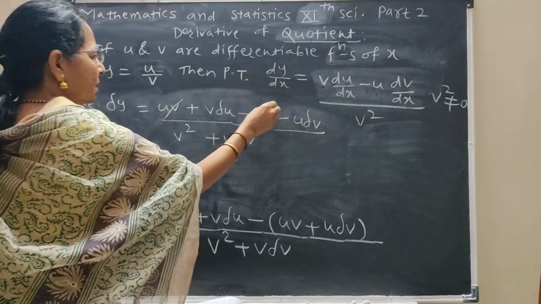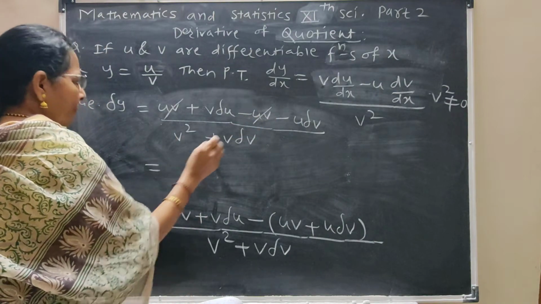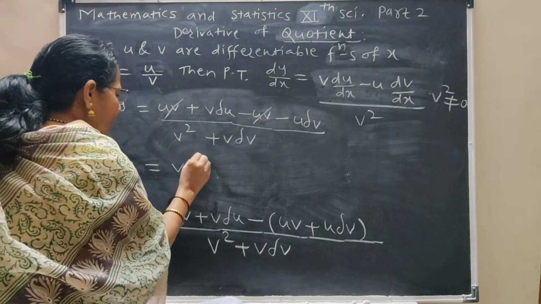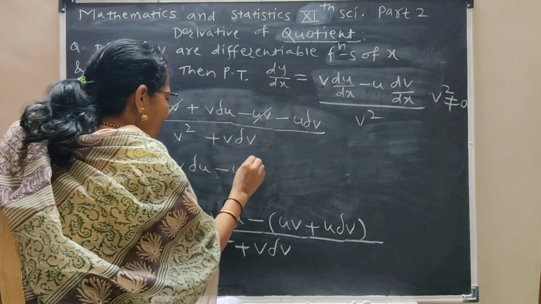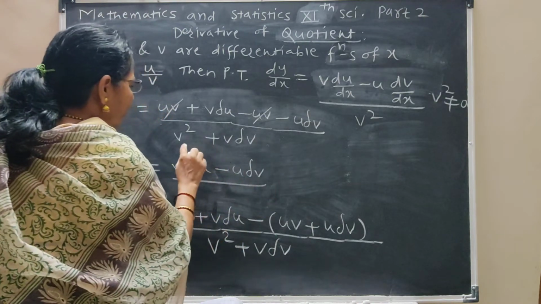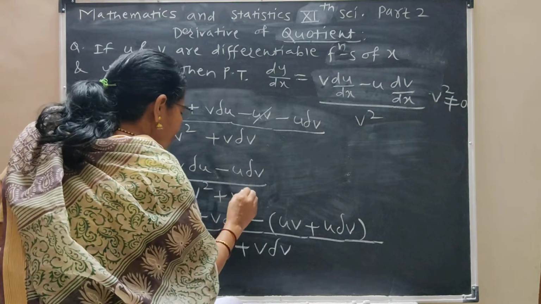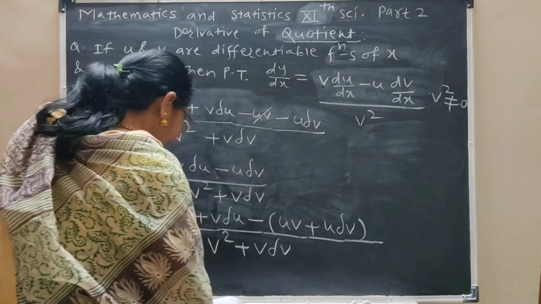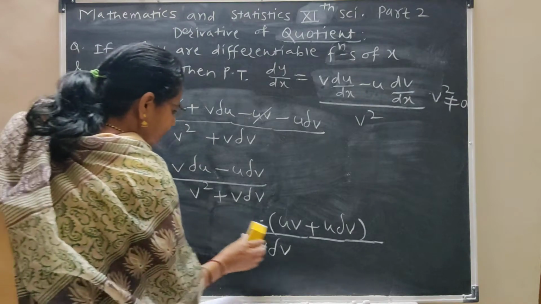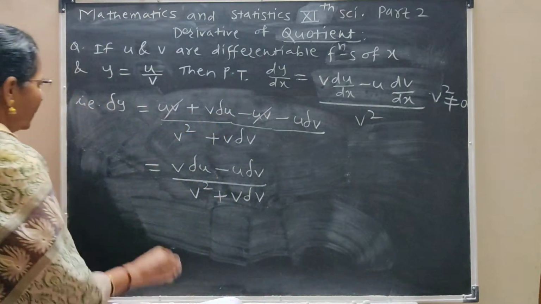Terms get cancelled. So delta y is equal to v delta u minus u delta v upon v square plus v delta v.